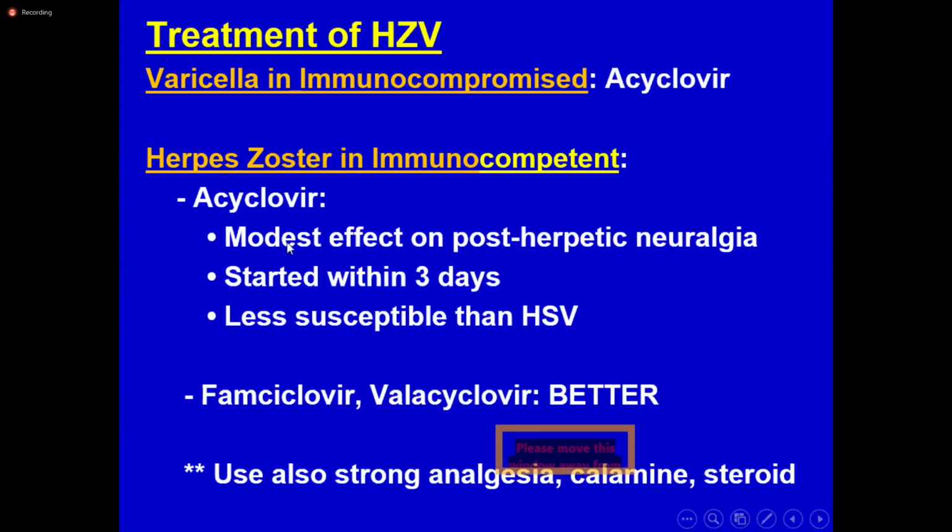It is less susceptible than herpes simplex virus to acyclovir. Famciclovir and valciclovir are better. Also, you can give strong analgesia for the pain, calamine just to decrease the itching, and sometimes steroids to decrease the inflammation.